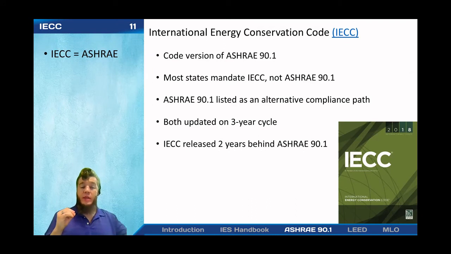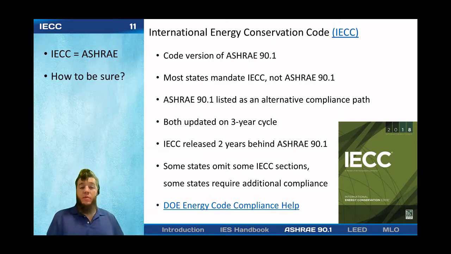And so in this case, what you'll see is a state mandating IECC 2018 is essentially saying that you can comply with IECC 2018 or ASHRAE 90.1 2016. In other words, those two standards for your intents and purposes are equivalent on this front. So if you're seeing IECC 18, subtract 2 years to get the edition of ASHRAE that you want to comply with.